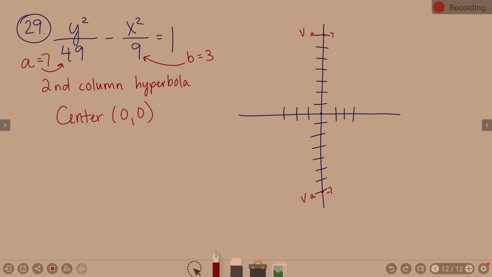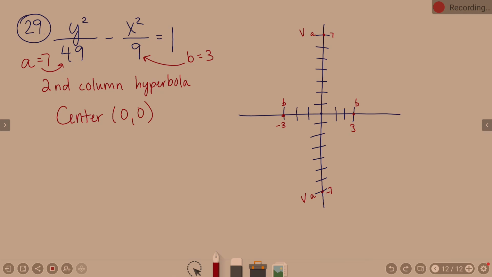Now, B is 3. Well, process of elimination, we already went up and down 7, so we have to go left and right. But also notice this 3 came out from underneath x squared. So I'm going to go right 3, which is one of my B values, and left 3. And this is from the center.